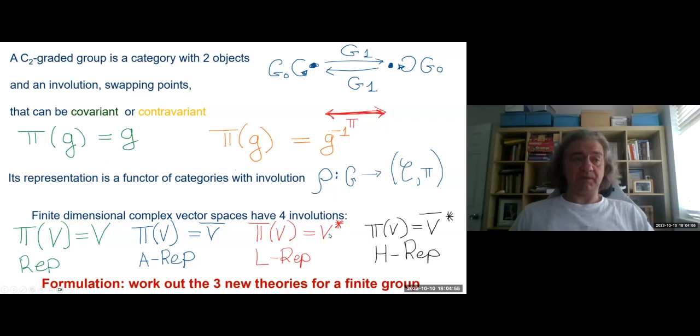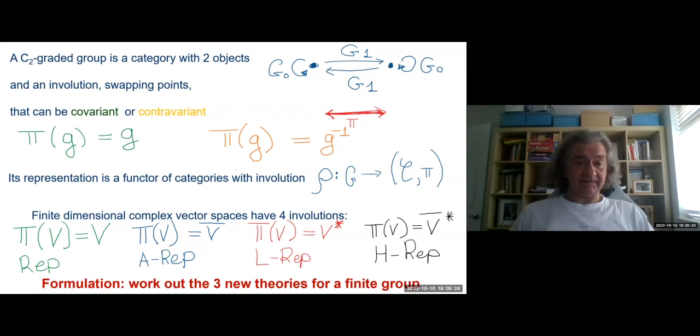We can take the dual space. This will be linear representation, L theory. And we can take dual conjugates, that's H theory. And then I'll talk about 2 representations, but essentially the task James Taylor and I set out to do was to figure out what's happening with these three categories.